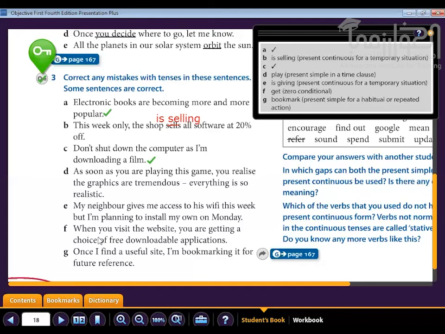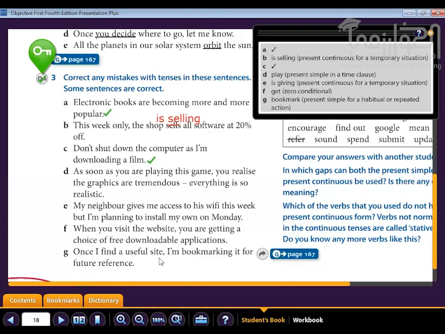Or if you put water on fire, it boils. It's the same thing. So zero conditional is simple present in the if clause, this is the if clause, visit, and then simple present again, get, in the main clause. That is the zero conditional.